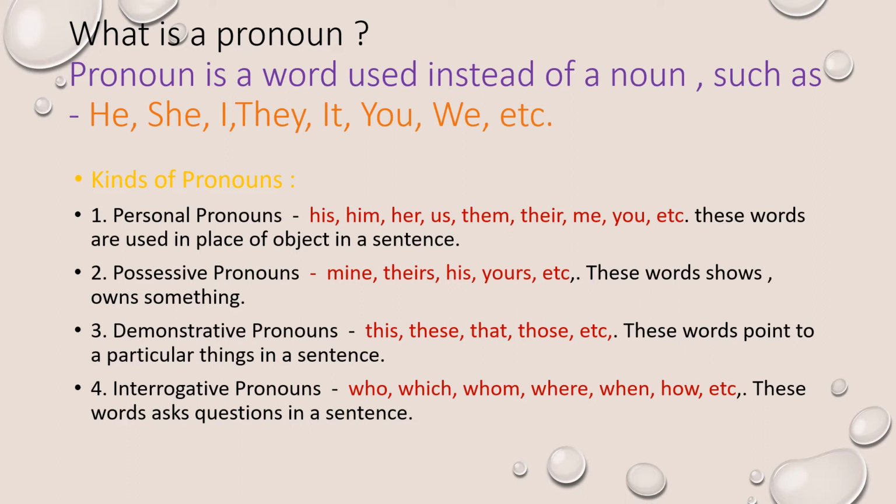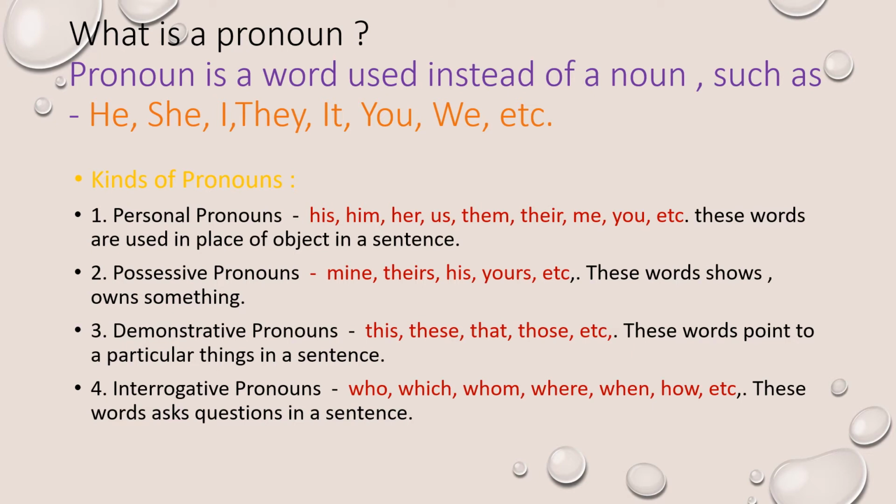At the same time it is in a pronoun also. Whose bag is it? Who is in the staff room? Like this we use sentences. We can use means start the sentence in a question form. So that type of sentence is known as interrogative pronouns.